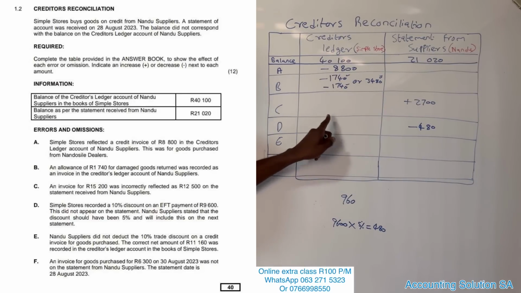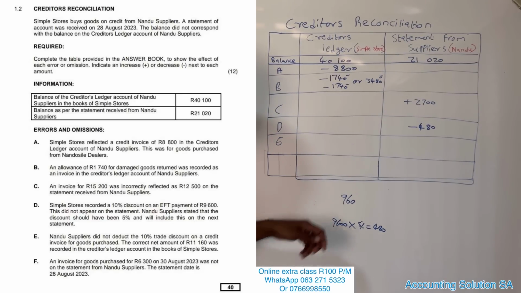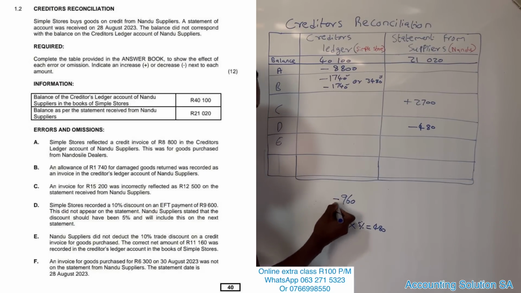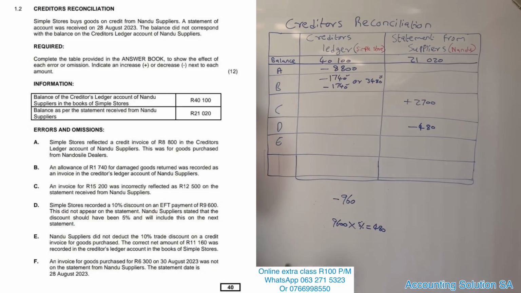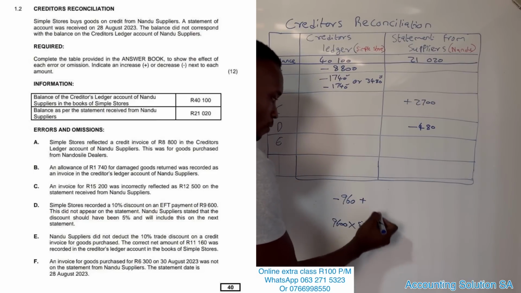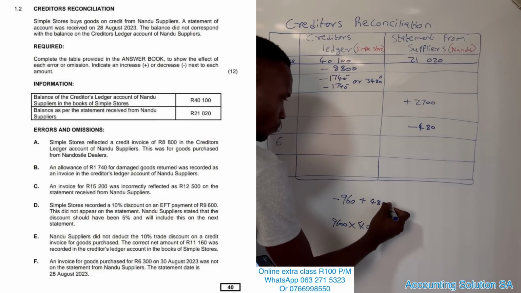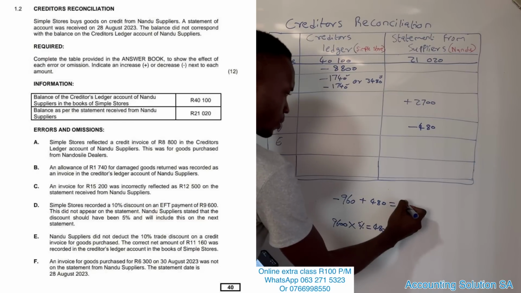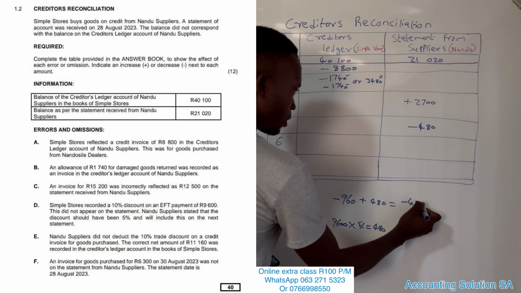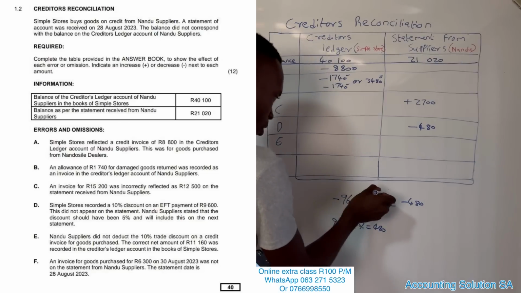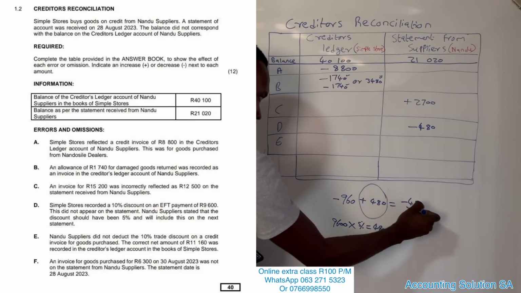Is it correct? No, they said it's supposed to be 5%, which means that from this negative 960 that we subtracted, we must add back 48, so that we are left with negative 48. This is what we need to correct.